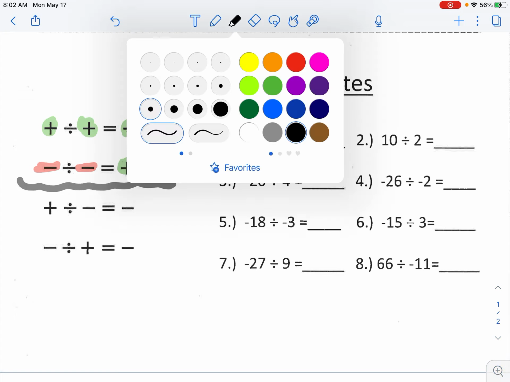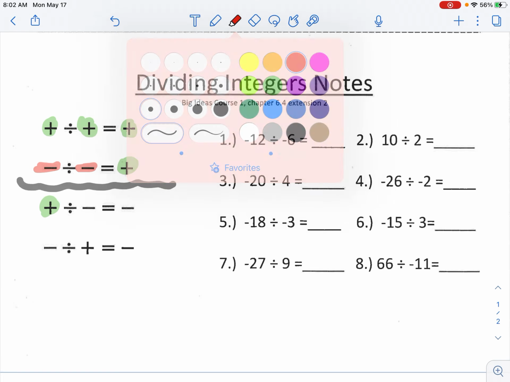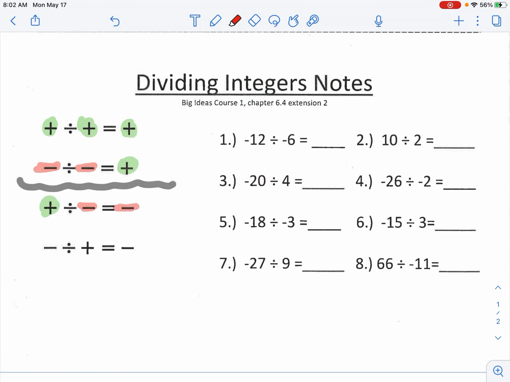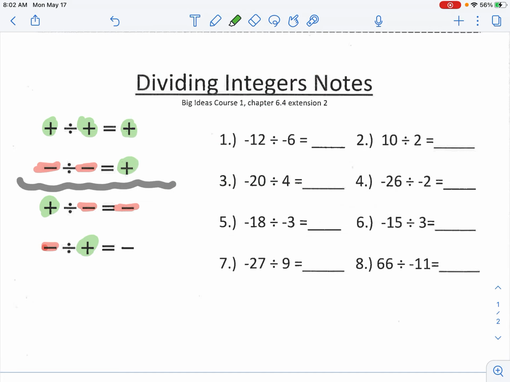Then at the bottom, it says that a positive divided by a negative equals a negative. This looks familiar, right? And a negative divided by a positive equals a negative. So, yay for us. The rules are exactly the same for multiplying and dividing.